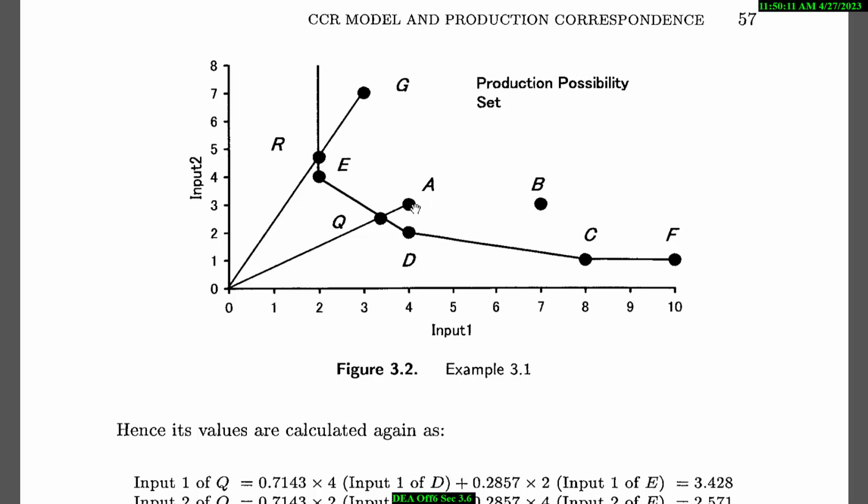For A, as you can see, we can reduce the inputs first by the same ratio to reach Q. But Q itself is between E and D, so it is a convex combination of D and E. Here also you see to determine the efficiency of A, we use only D and E. So in the model, you can put all the lambdas equal to 0 except lambda E and lambda D. The constraints only have three variables: one is lambda E, another is lambda D, and the other is theta.